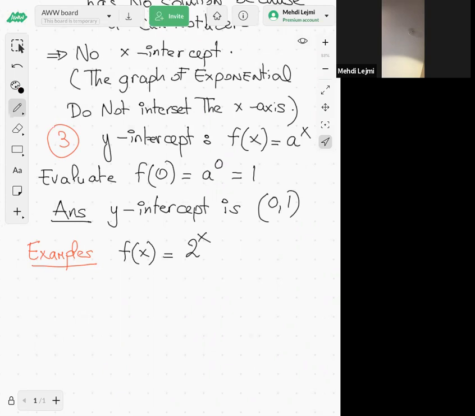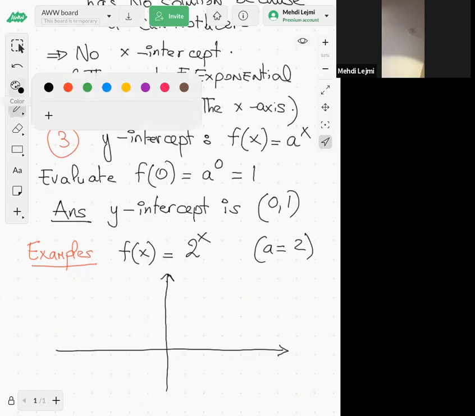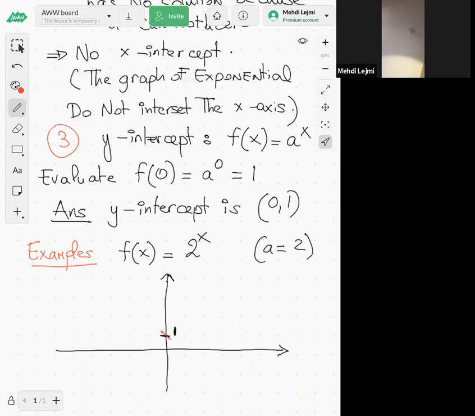This is an exponential function, of course. A is equal to 2. So what we are saying is that first there's a y-intercept, which is (0, 1). So let's say here's 1 here. So we do have a y-intercept here at (0, 1).